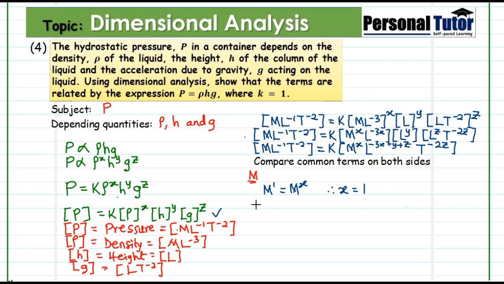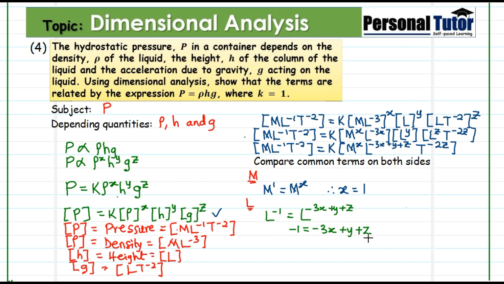Let's also talk about the L. On the left-hand side, it carries L to the power -1. On the right-hand side, it is L exponent -3S plus Y plus Z. This will generate an equation: -1 is equal to -3S plus Y plus Z.